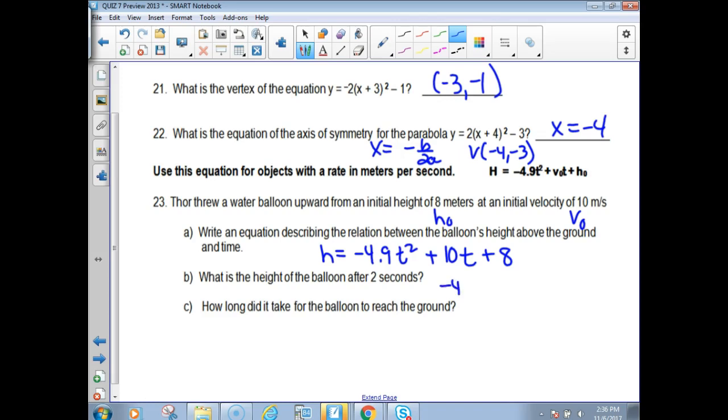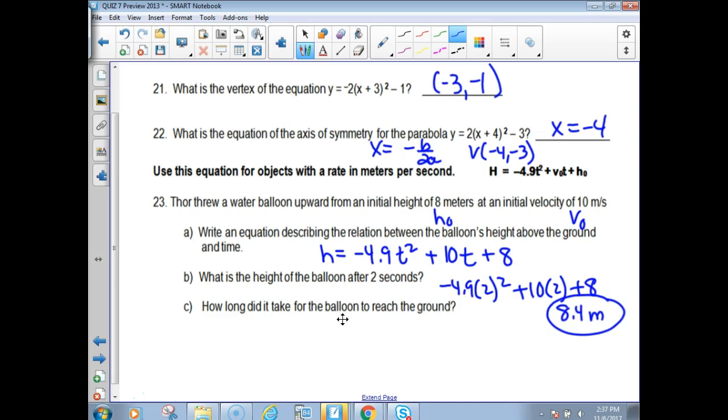You can plug that in. All right, and then you calculate away, and that comes out to 8.4, I believe, meters. I have the answers. I've done this already. I know you guys can type on a calculator, so there we go, 8.4 meters.